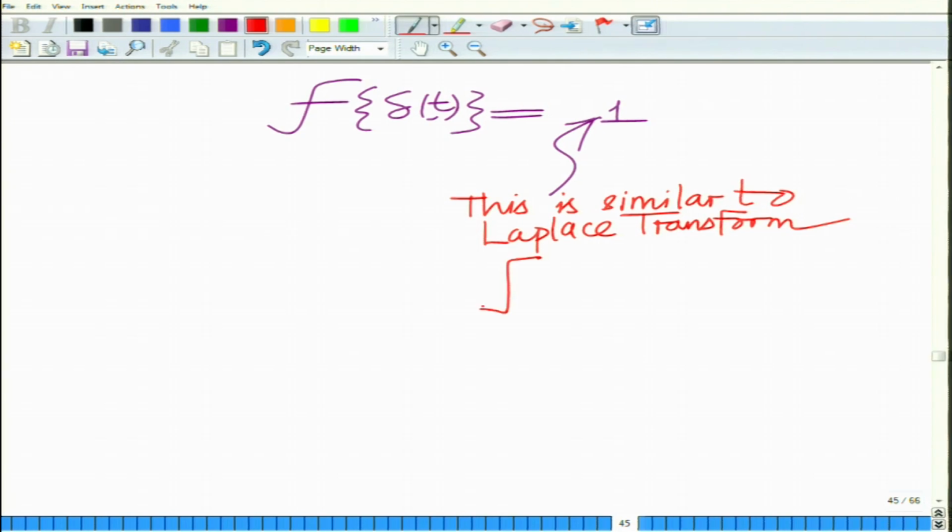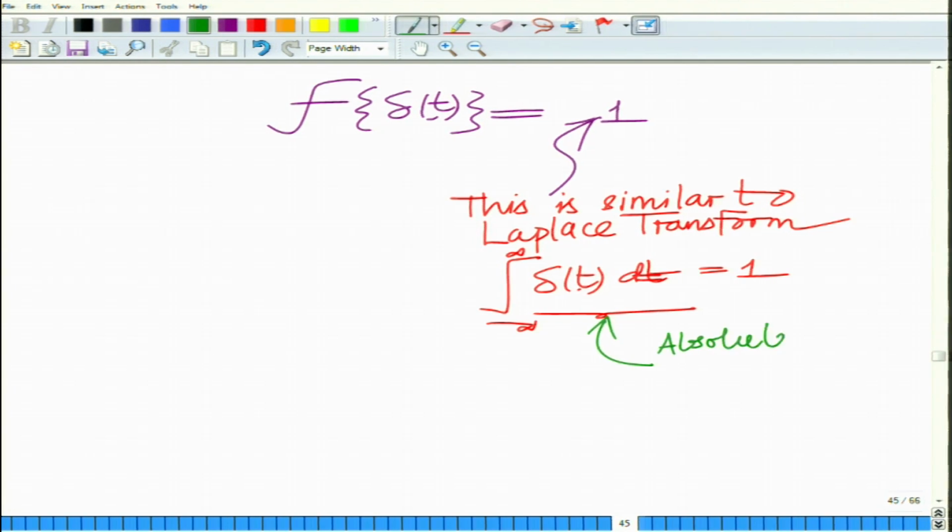It is a non-negative function, and the integral from minus infinity to infinity of delta(t) dt equals 1, so this is an absolutely integrable function. And therefore, the Fourier transform in this case is basically similar to that of the Laplace transform.